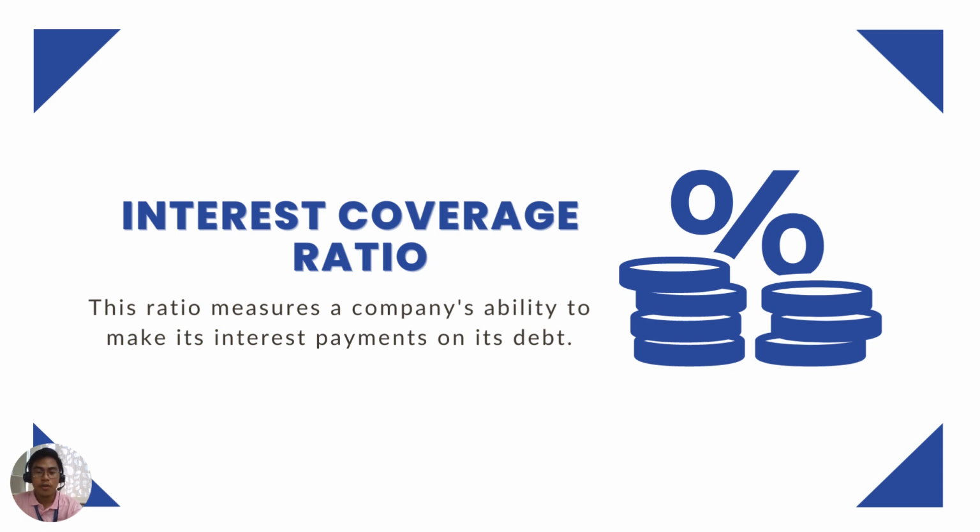A low interest coverage ratio may indicate that the company is struggling to pay its debts and could be a risk of default. On the other hand, a high interest coverage ratio suggests that a company has a strong ability to meet its debt obligations.